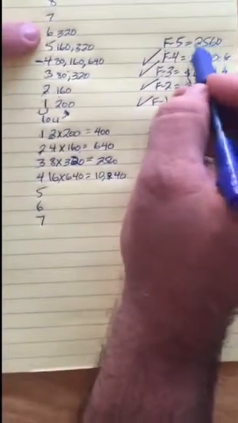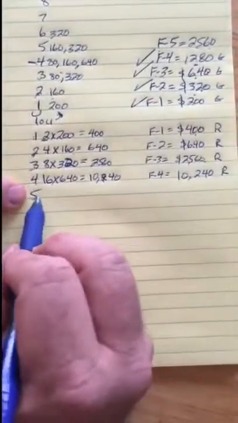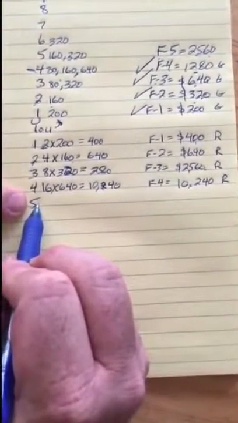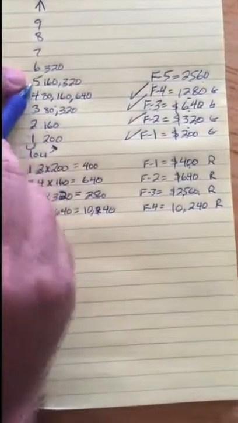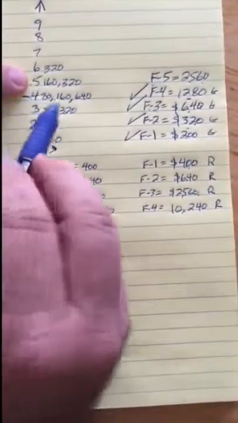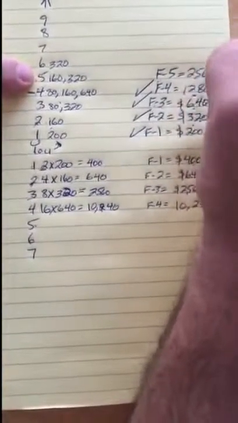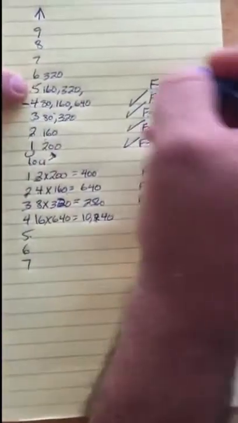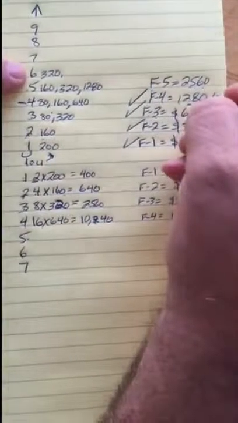Now we're going to distribute this 2560. In order to receive from floor 5 below us, you have to fund floor 5 above you. So half of 2560 is 1280, and 25% of 1280 is 640 and 640.